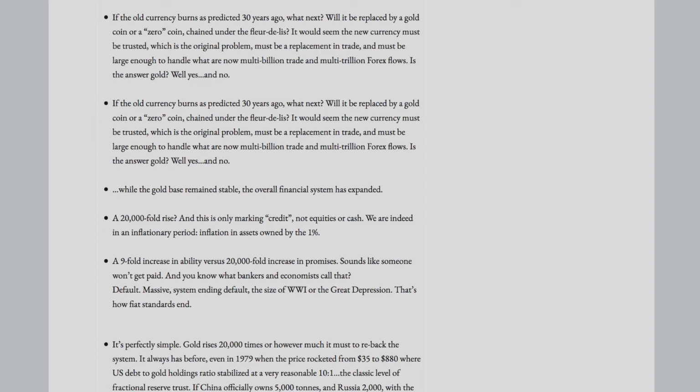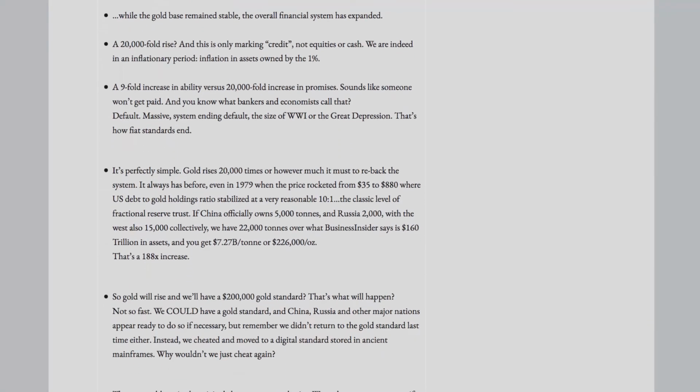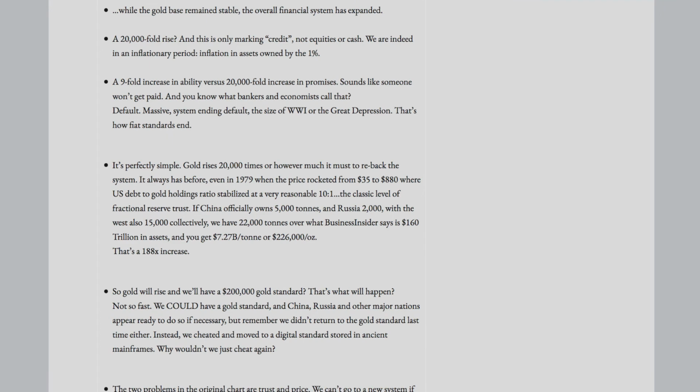Well, yes and no. While the gold base remained stable, the overall financial system has expanded a 20,000-fold rise, and this is only marking credit, not equities or cash. We are indeed in an inflationary period, inflation in assets owned by the 1%.